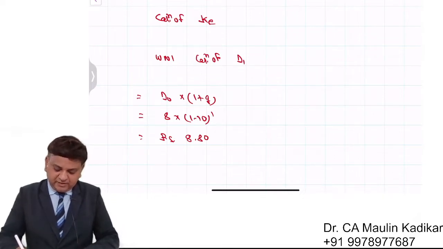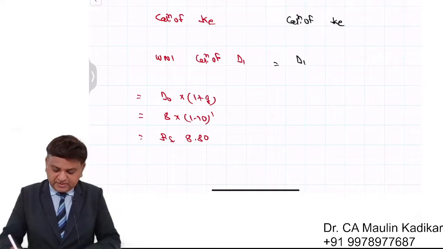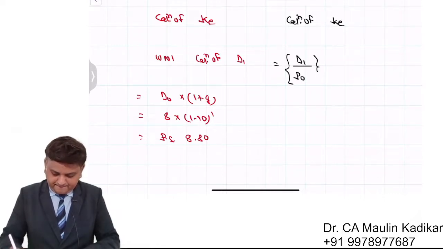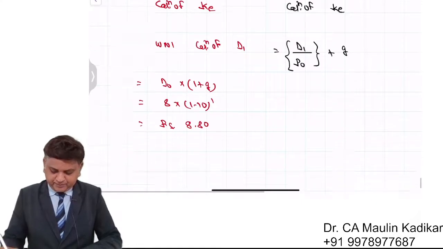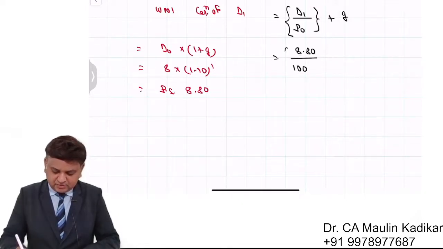After calculating D1, calculation of K. K will be found as D1 divided by P0 plus G. What is D1? It is 8.8. What is P0? Current market price of the share is 100 rupees.